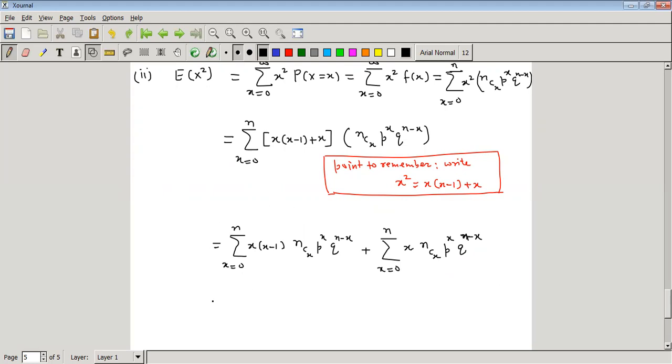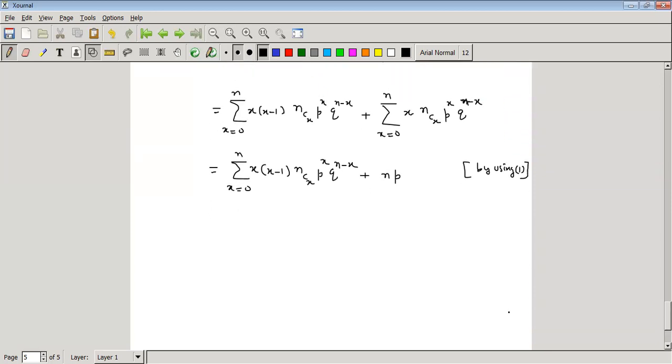So this is equal to summation x equal to 0 to n of x into x minus 1 nCx p to the power x q to the power n minus x, plus np, by using 1. Now let this be 2.